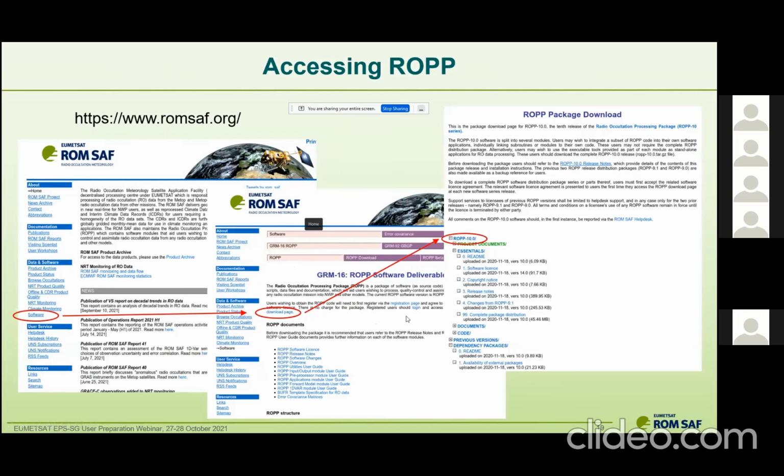You'll need to sign a license, but once you've done that, go to the download page here or here, and this will take you to the ROPP package download. You can see there's a README file, licenses, copyright notice, release notes, the change logs I was just talking about, and the complete package distribution. It's a single tarball which you can download, and using the information in the release notes, you can build it for yourself.